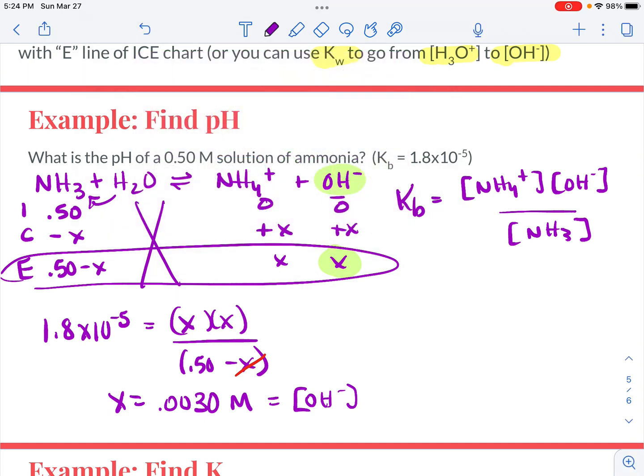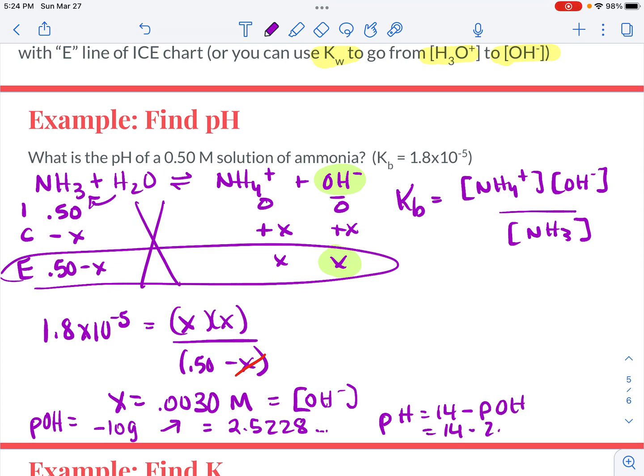If I want pH, I'm going to do the negative log of this, which will equal pOH, because this is OH minus, which I wrote down as 2.5228. I'm not going to round to sig figs yet. And then pH would be 14 minus the pOH, which would be 14 minus 2.5228, which I found to be 11.47712, a bunch of numbers.